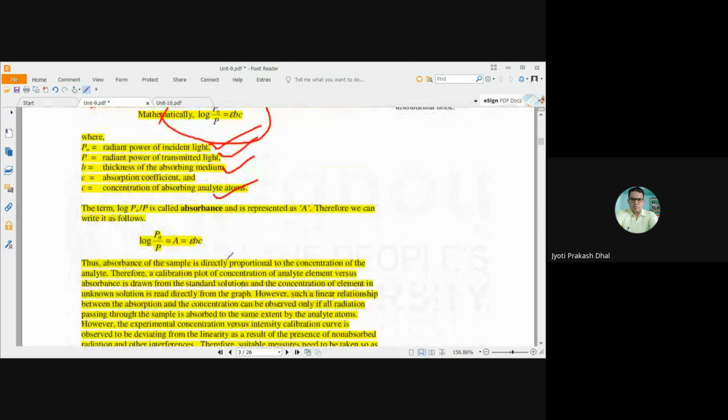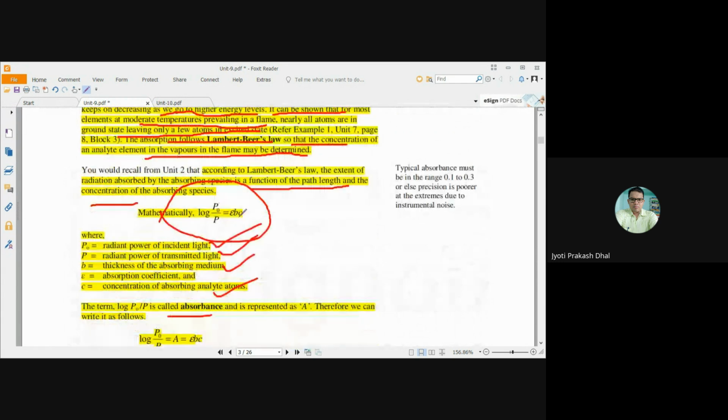Here, log P0 by P is called absorbance and can be represented by A.